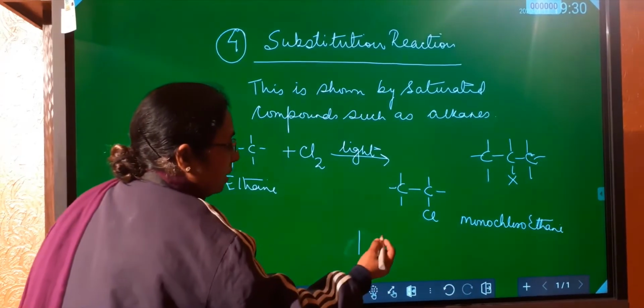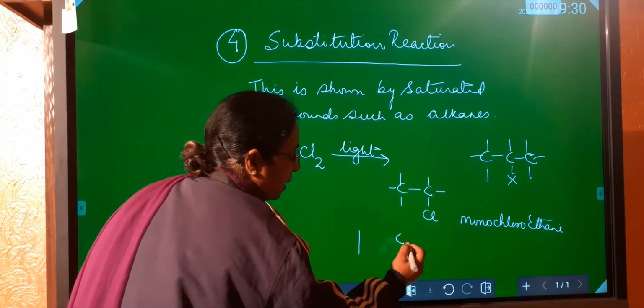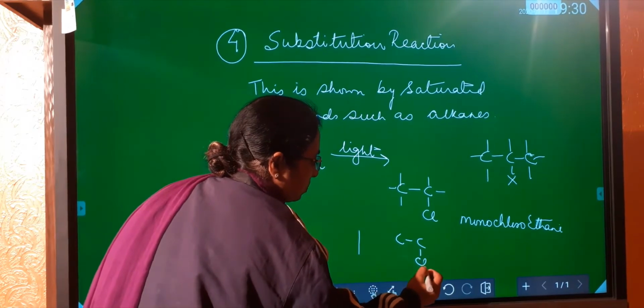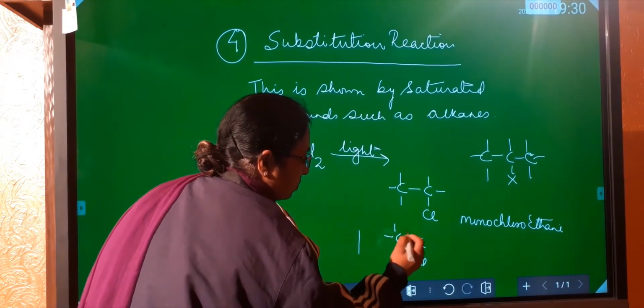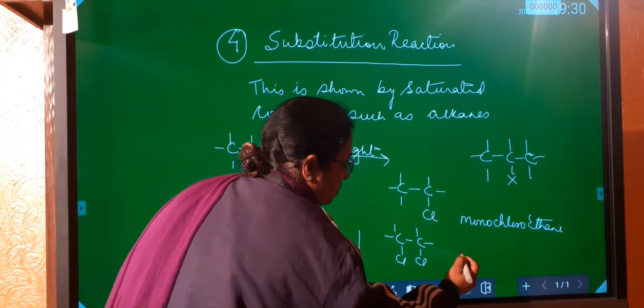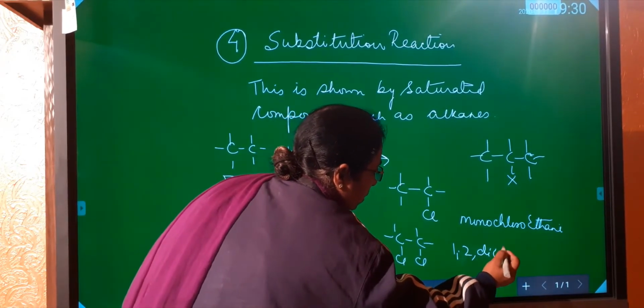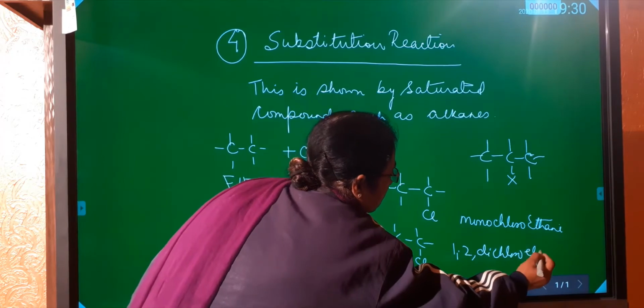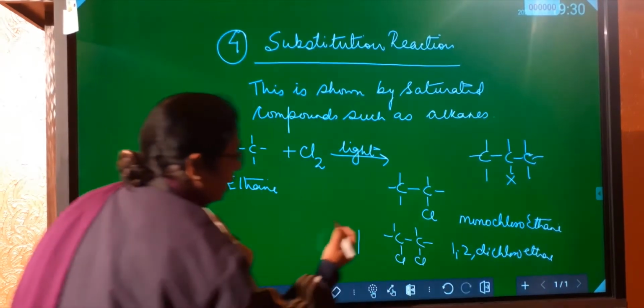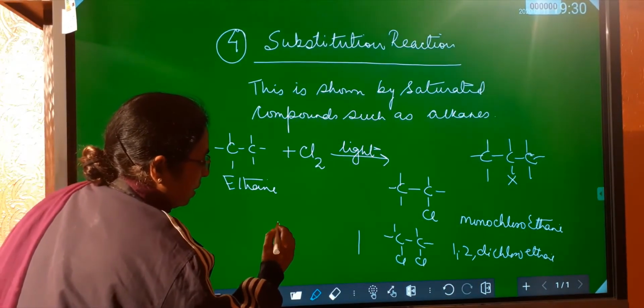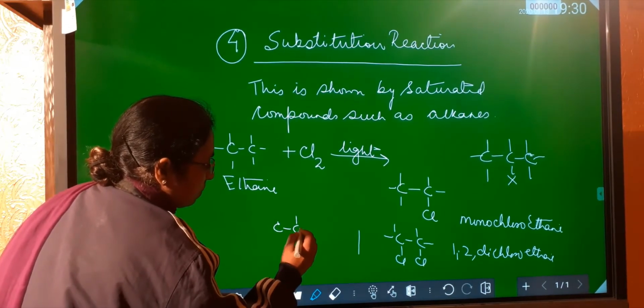Alright, then I may have 1,2-dichloroethane.